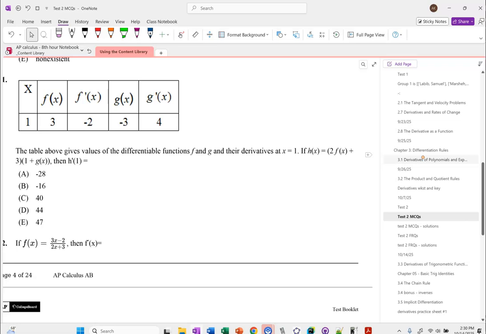If h of x equals 2 times f of x plus 3 times 1 plus g of x, then h prime of 1 is equal to, what are we going to have to do here? It's going to be a product property.